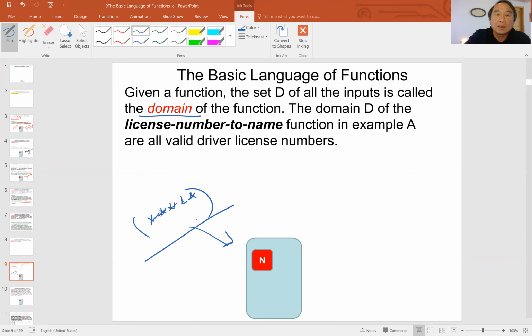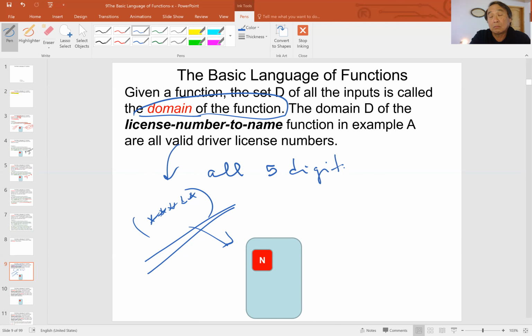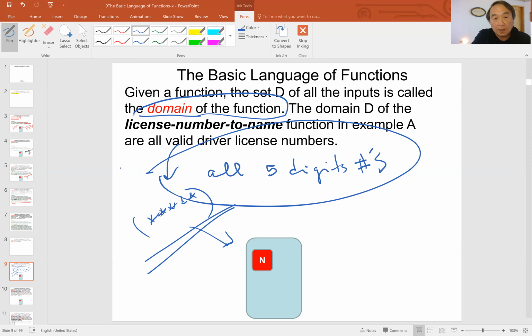Then the domain of this app is all 5-digit numbers. If you type 4 digits, it will say no good. If you type 6, too many, only 5. That set of all 5-digit numbers, we call the domain. That's the input the app, the function, will accept.